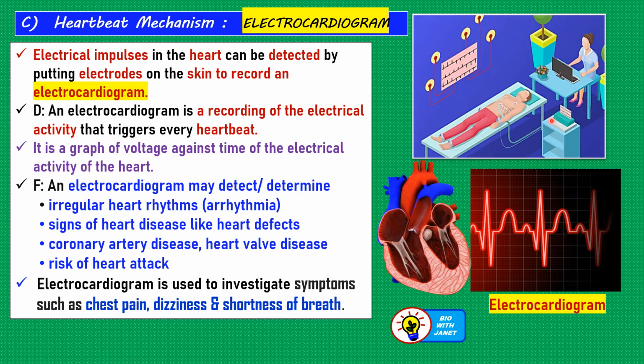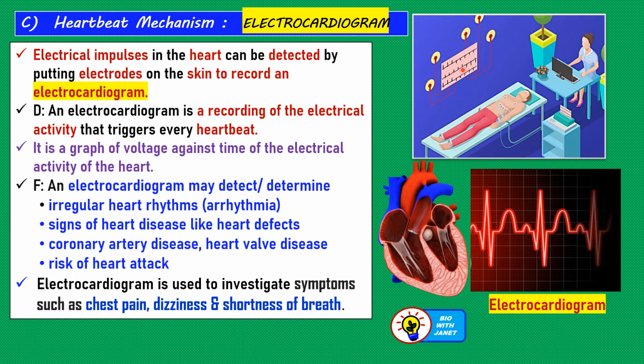The whole equipment is connected to a computer and also to a screen that will show the pattern, a graph of the voltage against time for the electrical activity in the heart. An electrocardiogram is therefore a recording of the electrical activity that occurs during every heartbeat.